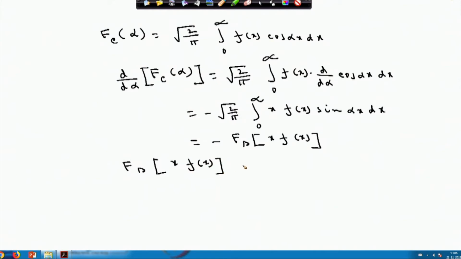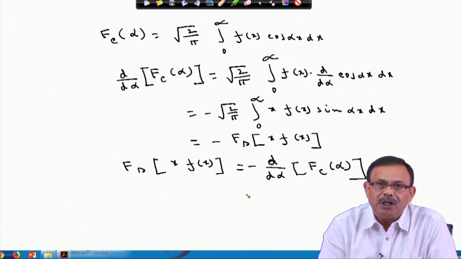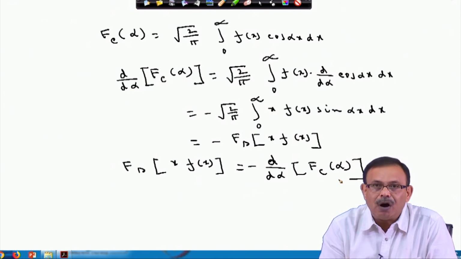Therefore, the Fourier sine transform of x f(x) equals minus d by d alpha of the Fourier cosine transform of alpha.